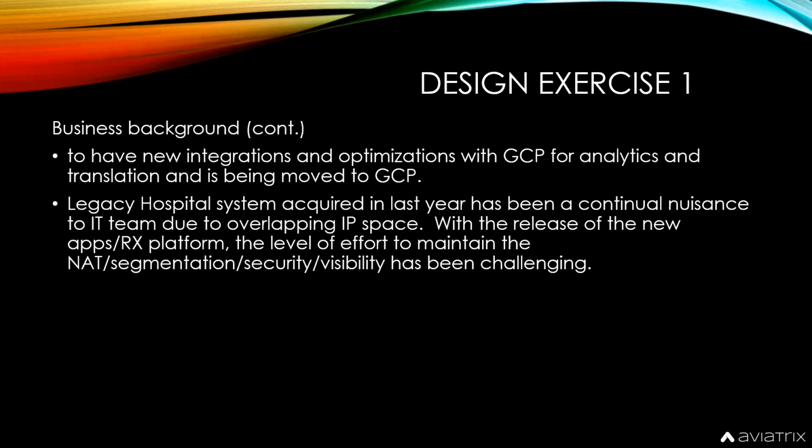I'm sure a lot of us can relate to scenarios with manual processes around firewall rules, NATs, and routing. We're going to be looking at solutions that can help address that and meet that requirement.